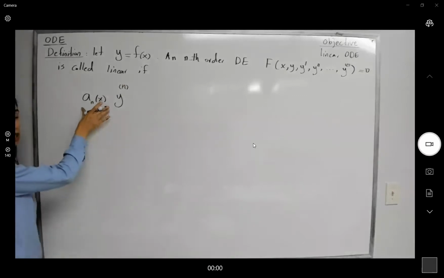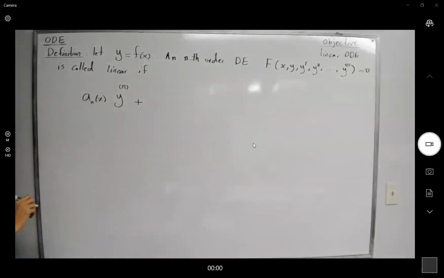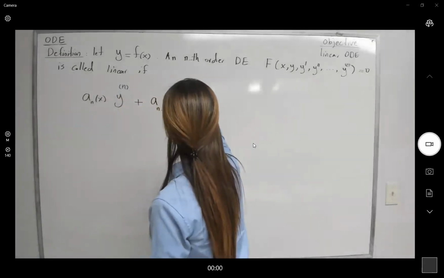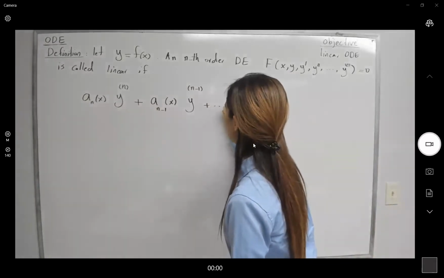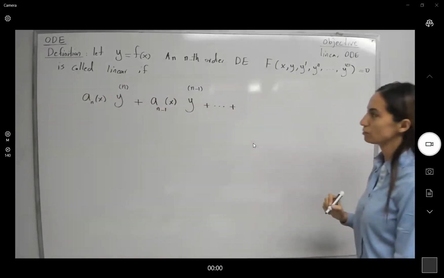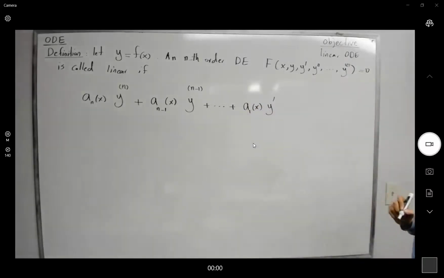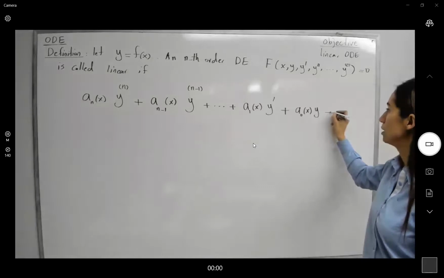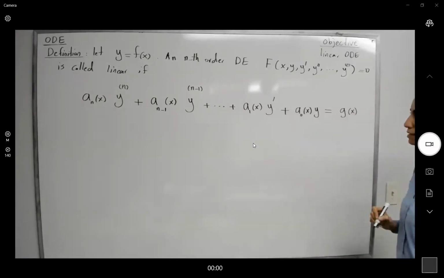You have an expression in terms of x times the nth derivative of y plus another expression in terms of x, a sub n minus 1 of x times the (n minus 1)th derivative of y plus, as you can see, we are forming a linear combination, a sub 1 of x times the first derivative of y plus a sub 0 of x times y equals, well, a function in x, like g of x.